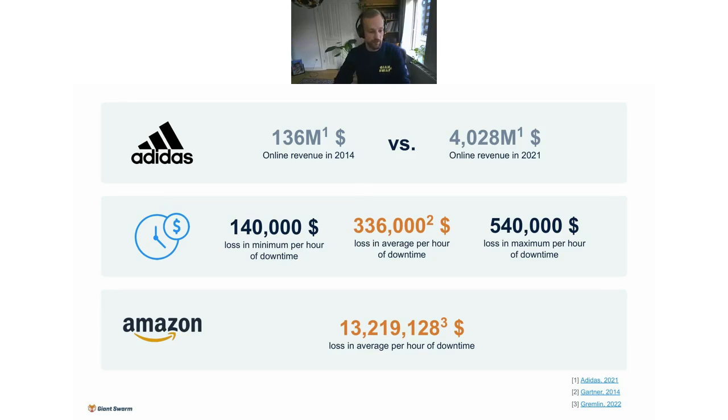And that's, for example, what Adidas did. They went all in on improving their digital capabilities to improve the shopping experience for their customers, and went from 136 million US dollars to 4 billion US dollars in 2021. So they increased their revenue quite a bit.